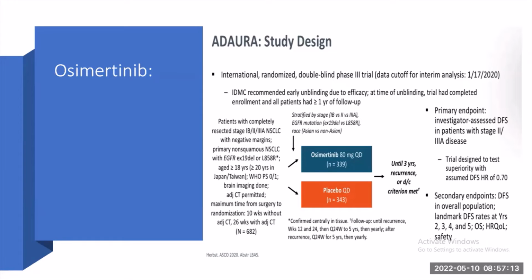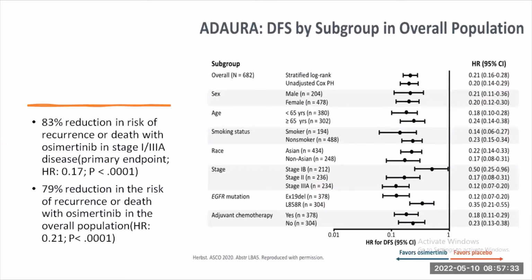The primary endpoint of the study was investigator-assessed DFS in patients with stage 2 and 3A disease, and secondary endpoints were DFS in the overall population, landmark DFS rates at year 2, 3, 4, 5, overall survival, quality of life, and safety.